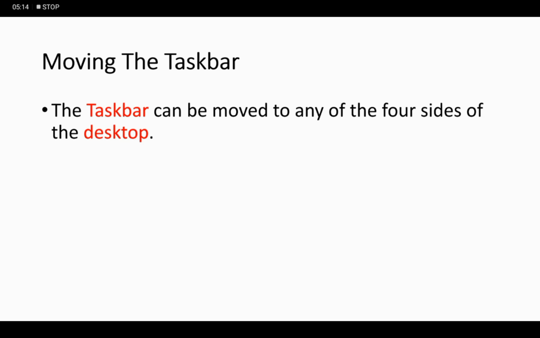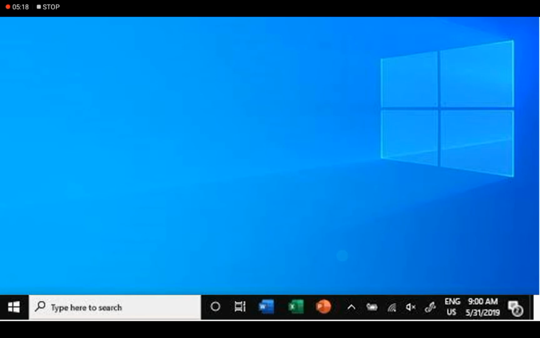The taskbar can be moved to any of the four sides of the desktop. As you can see, this is your taskbar at the bottom of your screen. If you want to move it to any other portion of your screen, you just have to click on the taskbar with your left mouse button.